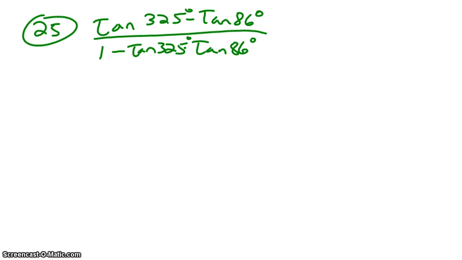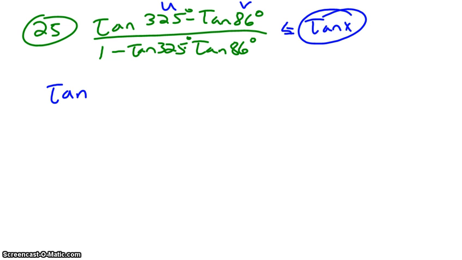And I recognize this as the sum or difference working with the tangent. So I know I'm going to be working with tangent x. That's what I'm looking for. So I would see the 325 as my u, the 86 as my v. So what I'm really looking for is tangent of u plus v.